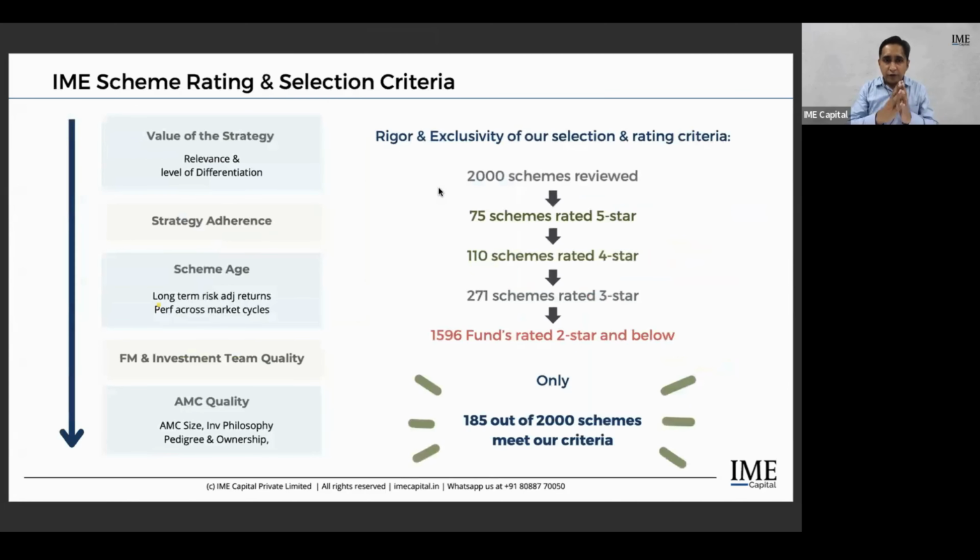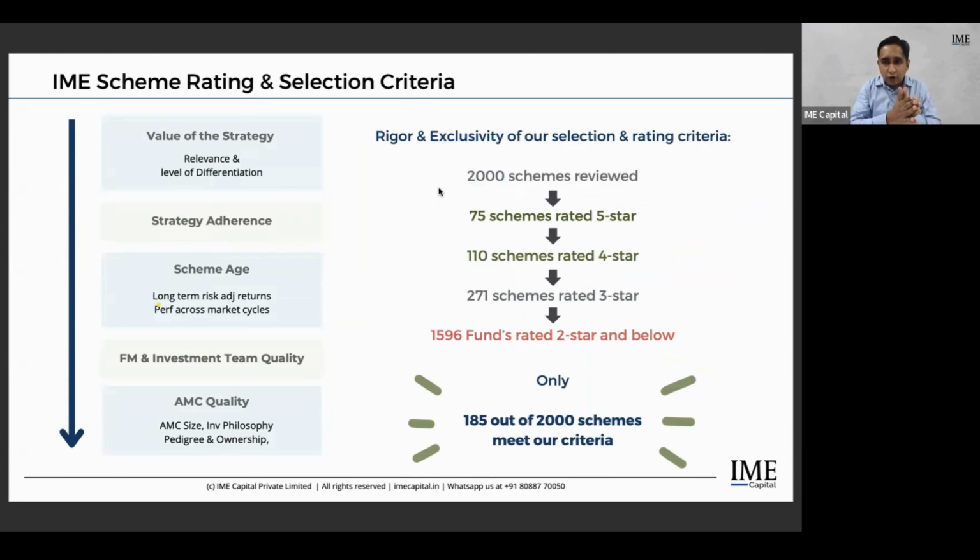When it comes to a fund, we evaluate the value of the strategy, the relevance, the level of differentiation, how closely the strategy is actually being followed, the scheme age, and how this fund has really performed across market cycles. A fund having done very well over the last 3 or 4 years is not relevant.